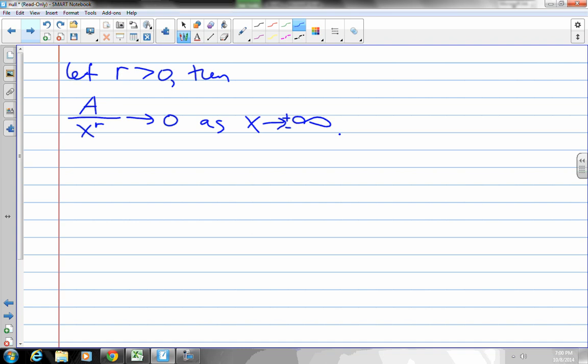So now, regardless of what the value of r is, if x is getting larger, then x to the r is getting larger, right? Are you buying that? So if you have a fixed numerator divided by something that keeps getting larger and larger and larger, that ratio will eventually become almost 0. Not identically 0, but pretty darn close. Are you buying that?